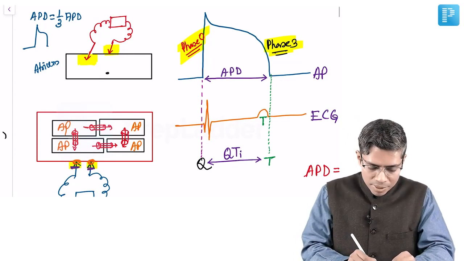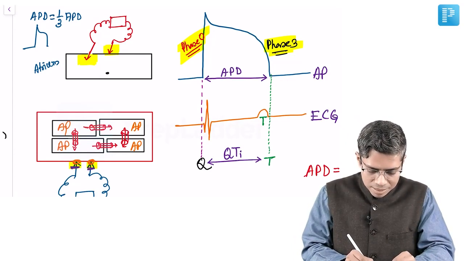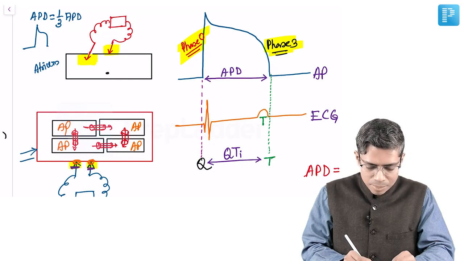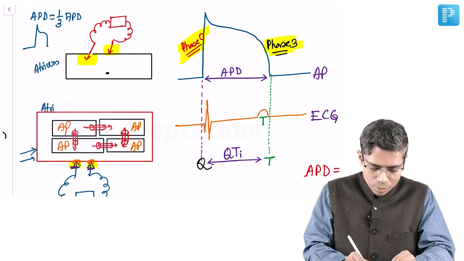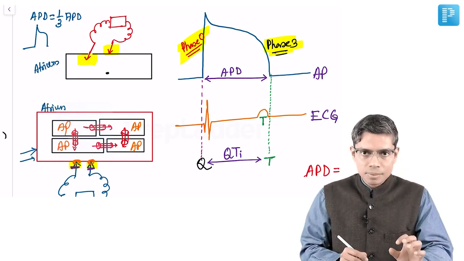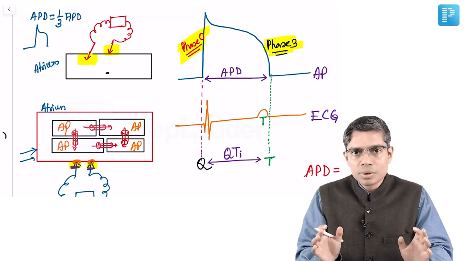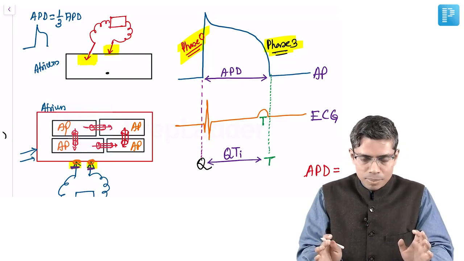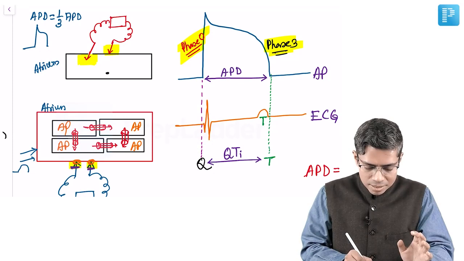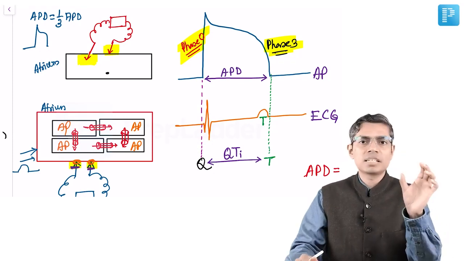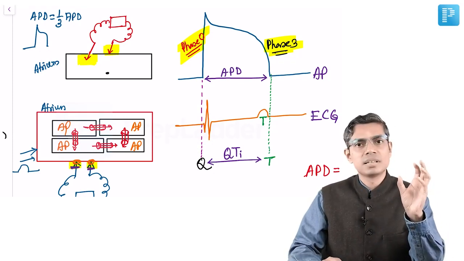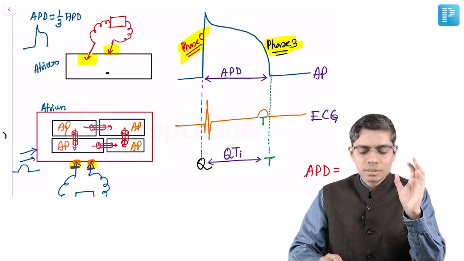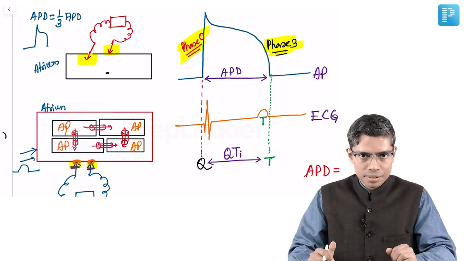That's why whenever you record the ECG from this group of atrial muscle, you are not going to get waves like the QRS complex. You are going to get the P wave. Getting my point? So the action potential duration of the atrial muscle is one third of the ventricular action potential duration, right?